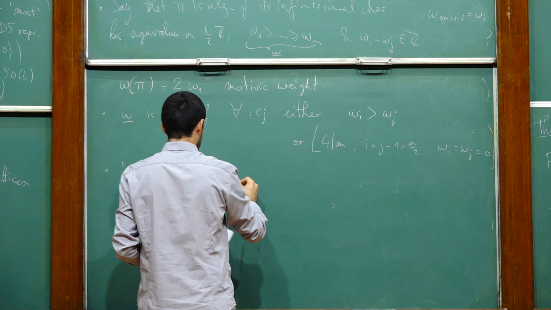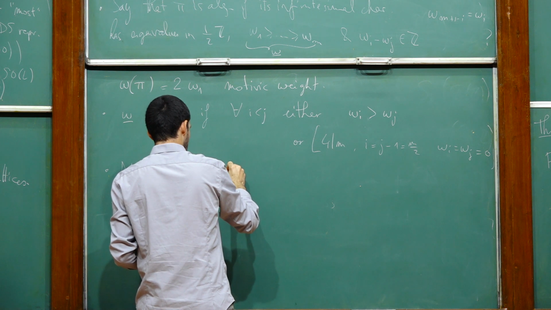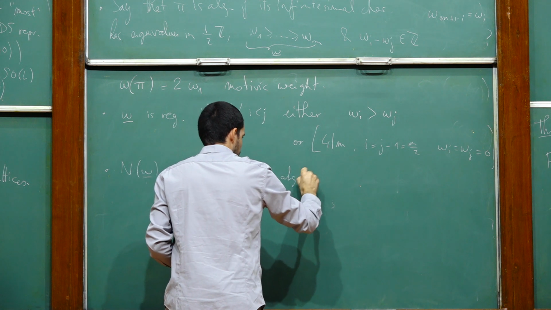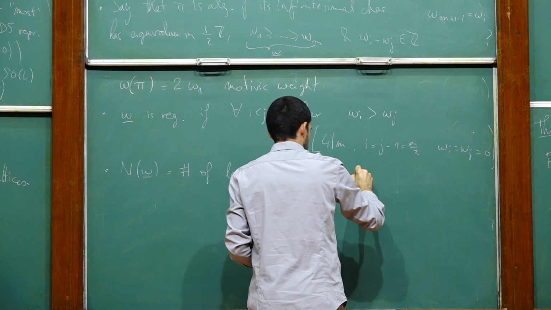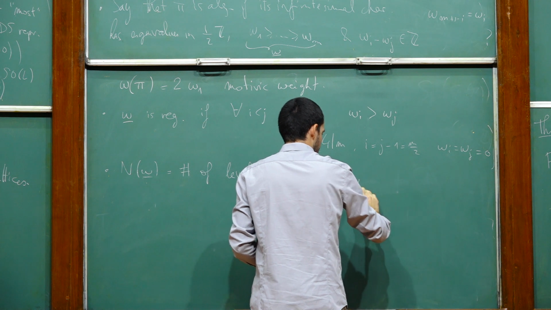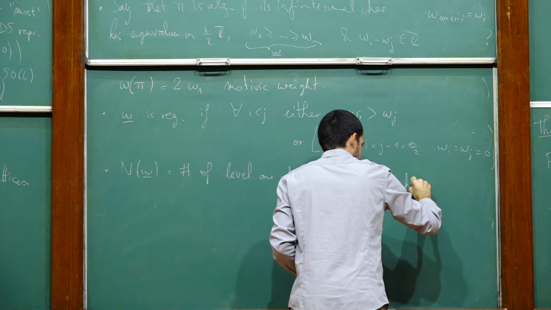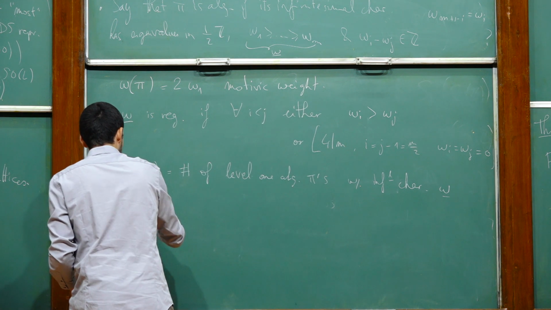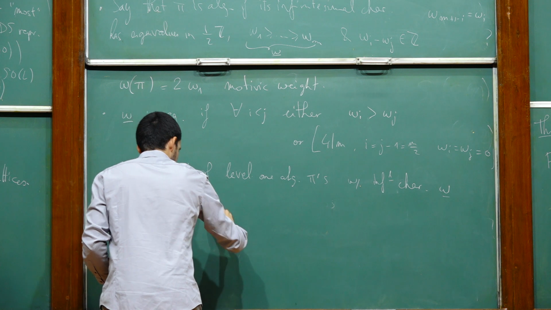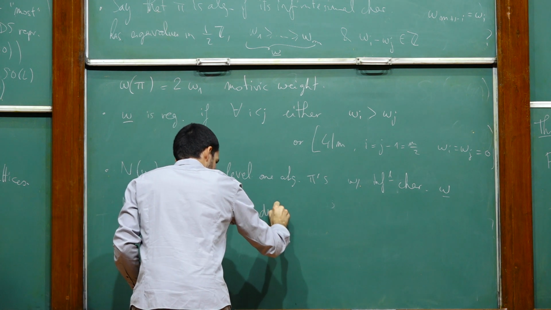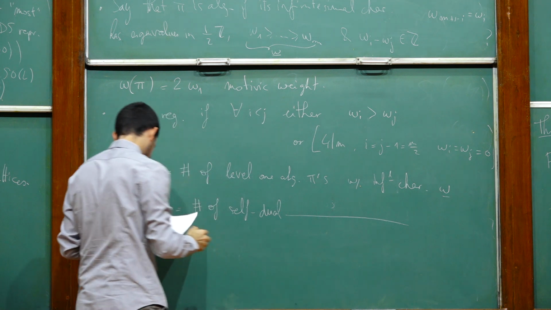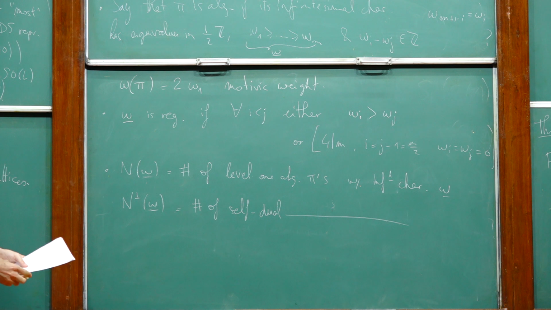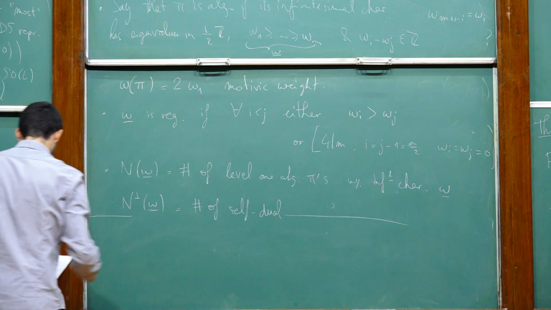So n of W will be the number of level 1 algebraic pies with infinitesimal character W, and the number of self-dual, same thing. And okay, so that's the end of this definition.